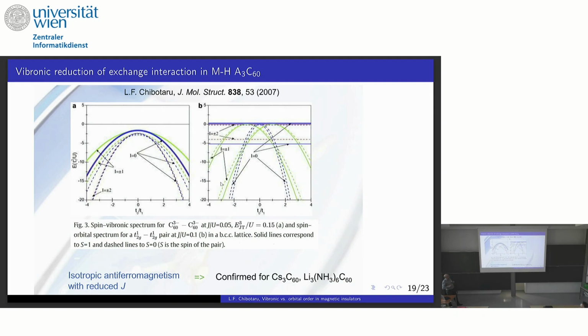If you compare with the corresponding Kugel-Khomskii Hamiltonian for T2g, with the same parameters, you see that Kugel-Khomskii gives a much larger splitting, and it can be both ferro and antiferro. While in the case of this dynamical vibronic problem for the pair, the ground state is only antiferro. So this is completely confirmed by experiment that we have only antiferromagnetism here.